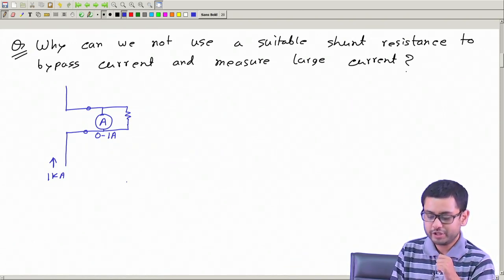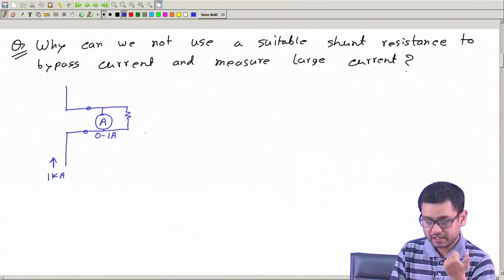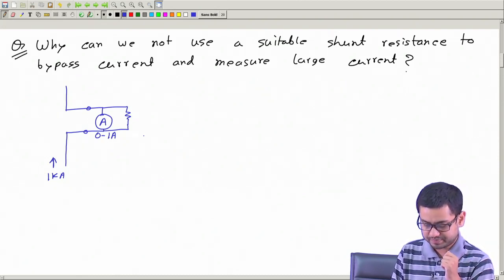That is also possible. So, you may ask, why should we not use this scheme instead of using a current transformer? What are the relative advantage and disadvantage?